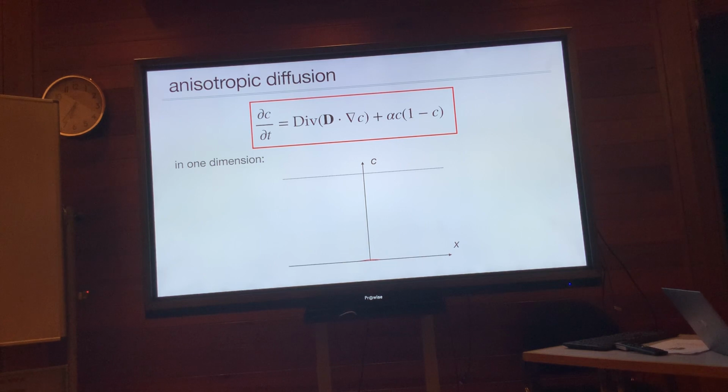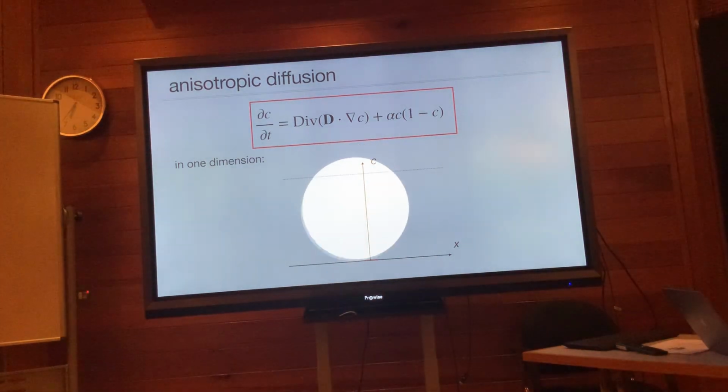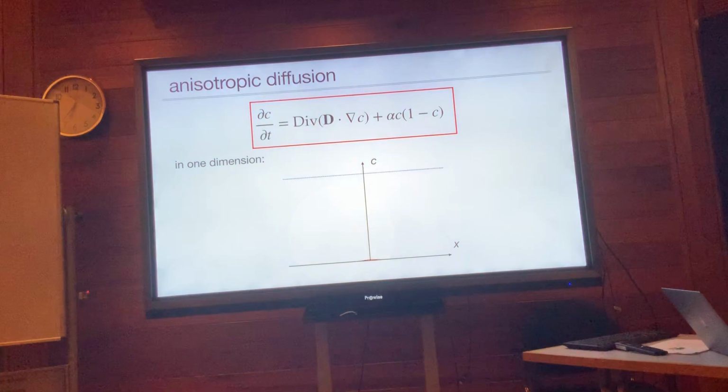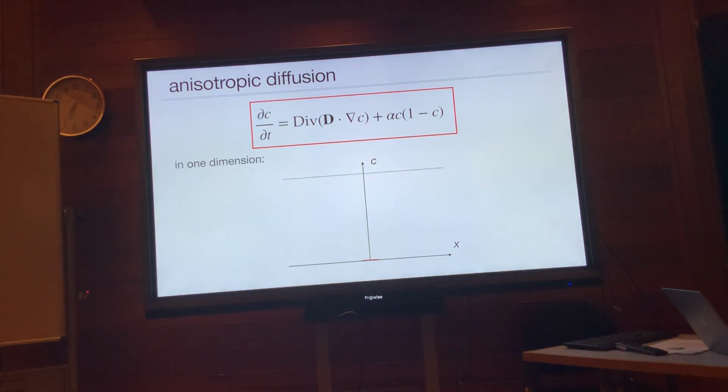What we know is that in one dimension, just along an axon, if you start with any small concentration, look at the red patch, any small amount of toxic protein, so that little hump is just the amount of protein, this is what you would obtain.